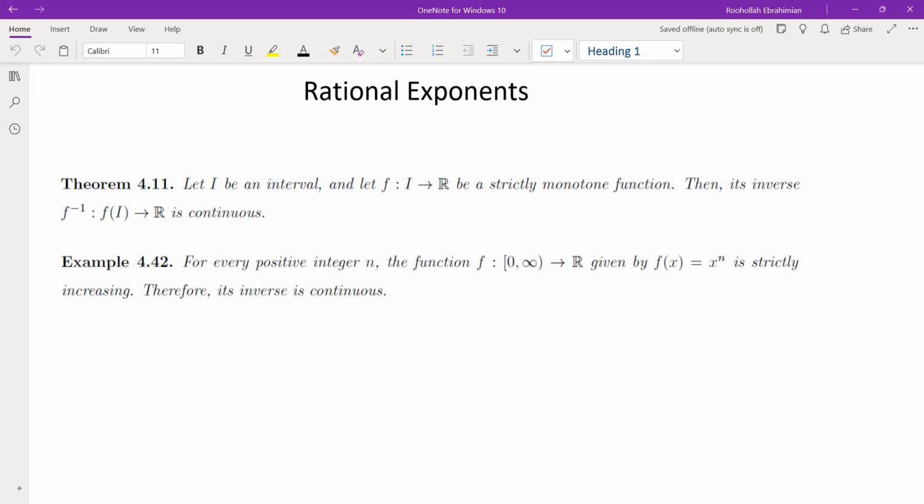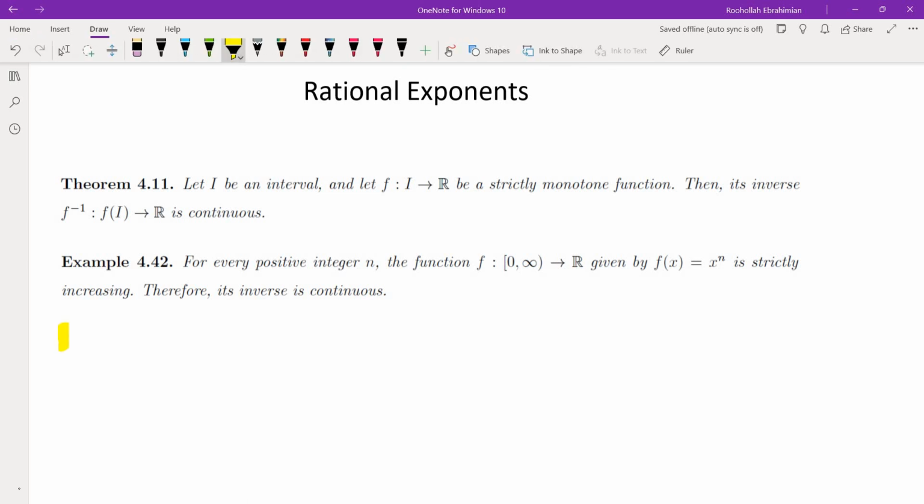For every positive integer n, the function f from [0, infinity) to R given by f of x equals x to the n is strictly increasing. The first part is one of the properties of inequalities.